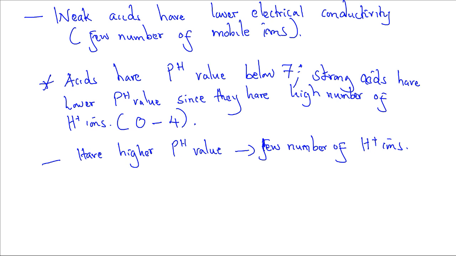And because of this, their pH value ranges between 4.1 to 7. Simply 4 to 7. That is for weak acids such as methanoic acid.